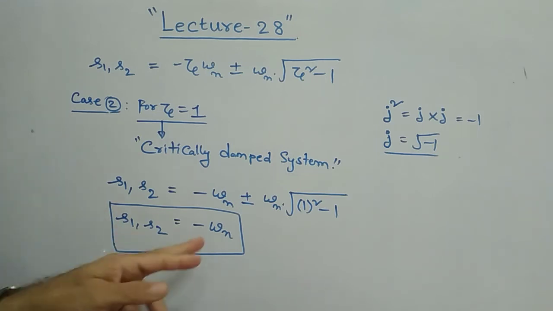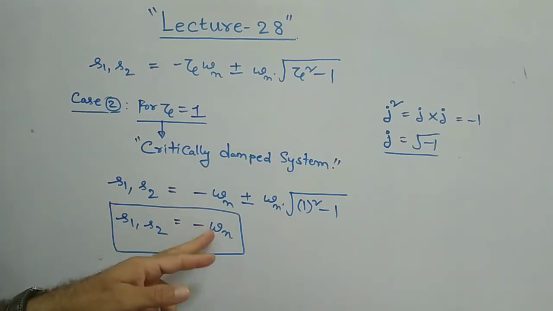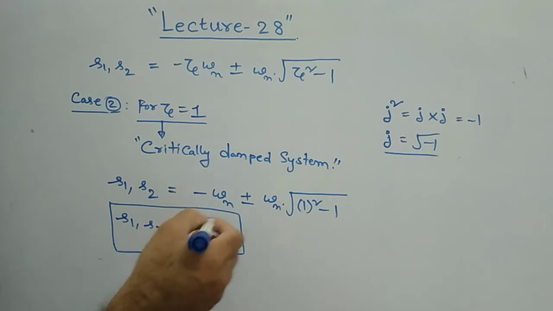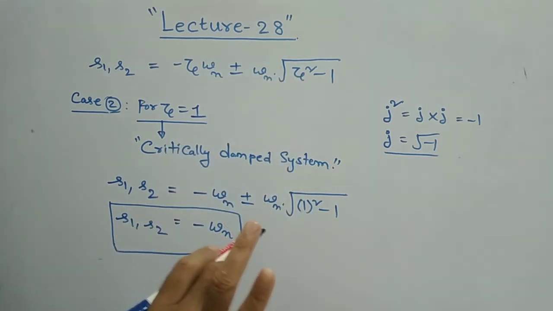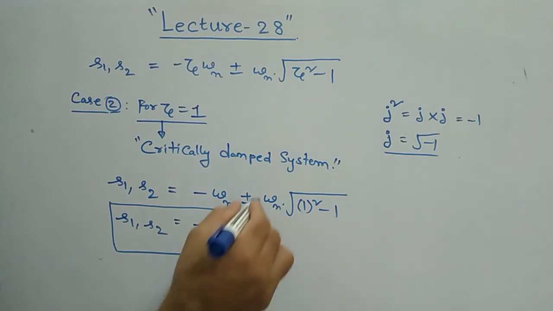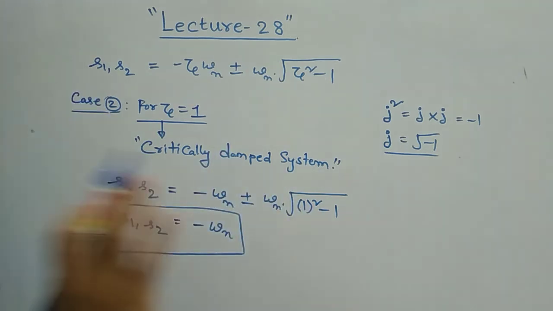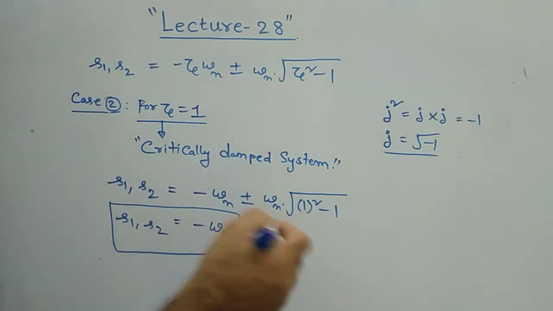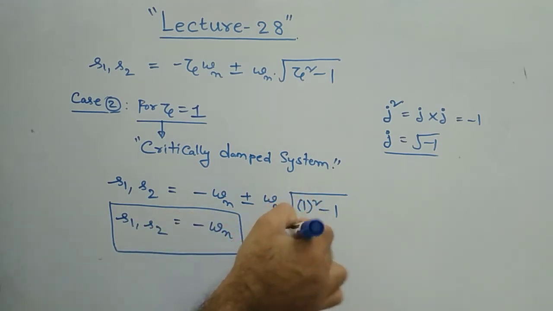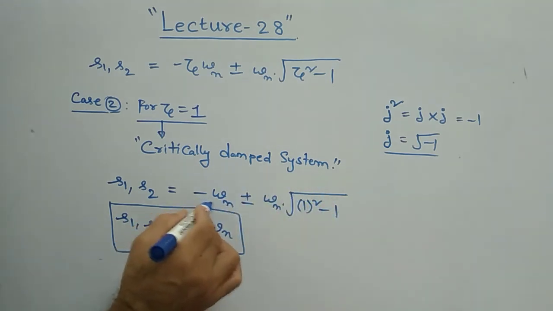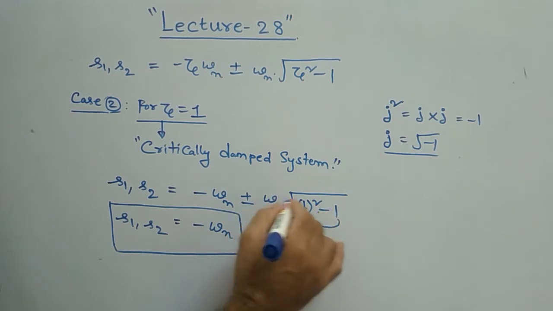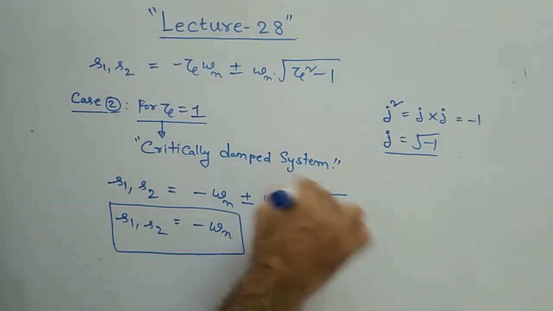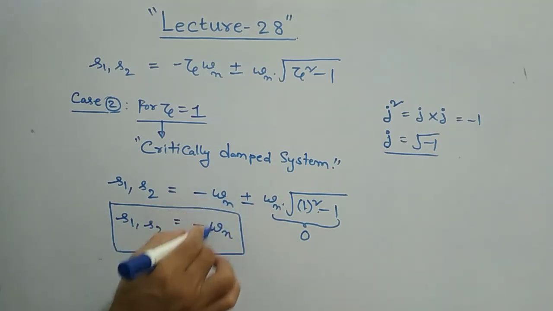This part is called the real part and the other part is called the imaginary part, if j is there. As far as this is concerned, the second part becomes 0 definitely, because 1 minus 1 is 0, and 0 into something is 0, so only minus omega n remains.